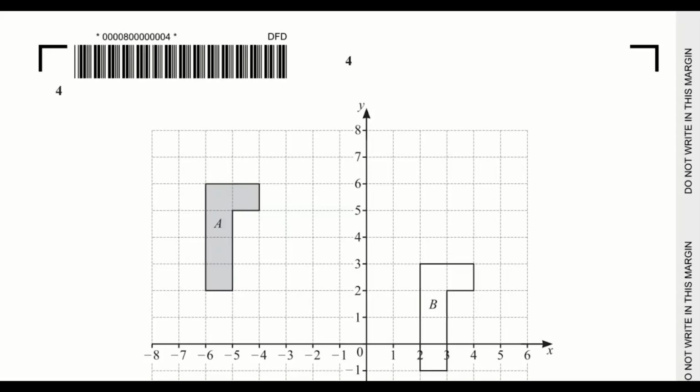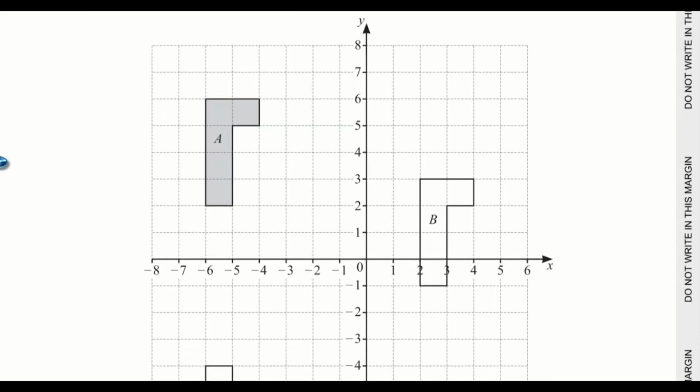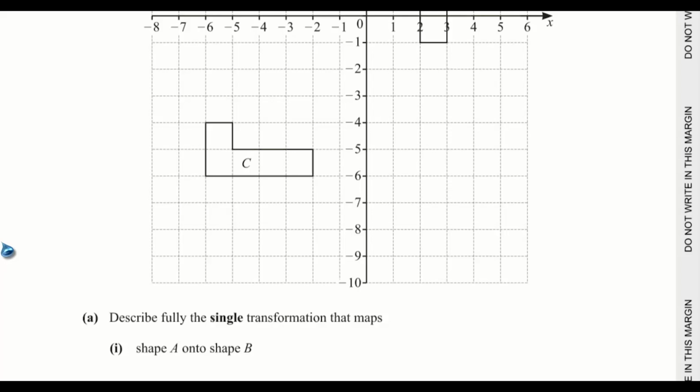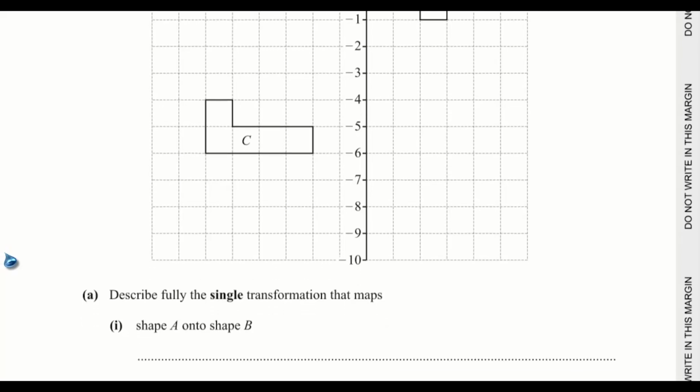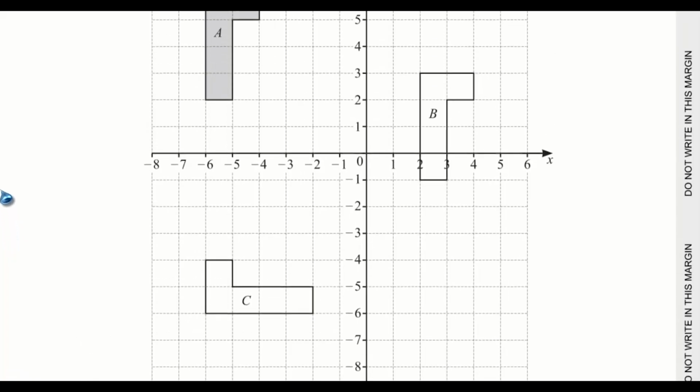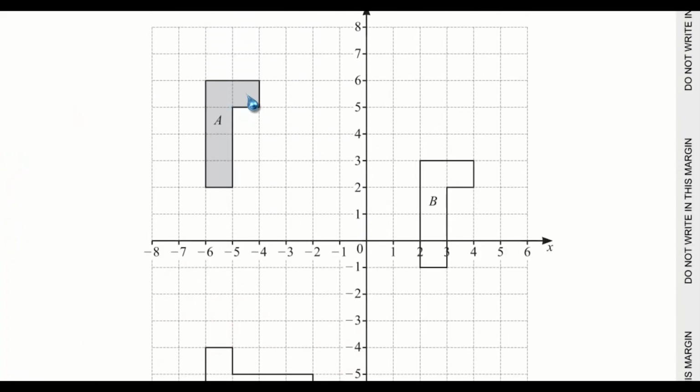So let's go to the next question. That will be question 4. So we have this grid. Part A, describe fully the single transformation that maps figure 1, shape A onto shape B. Shape A, this onto this. Okay, so let's count this point. 1, 2, 3, 4, 5, 6, 7, 8. That is plus 8.